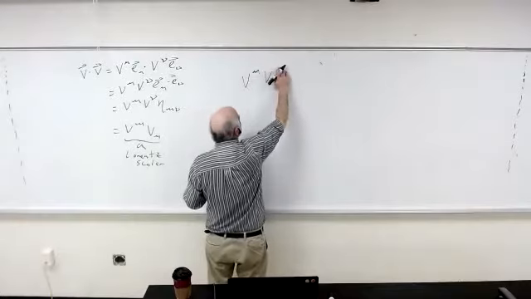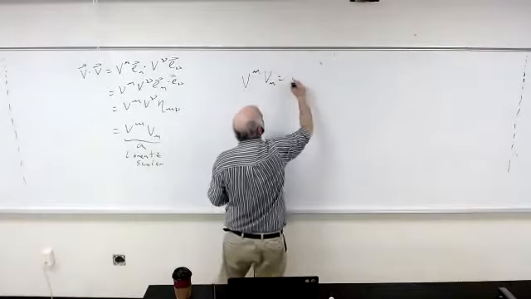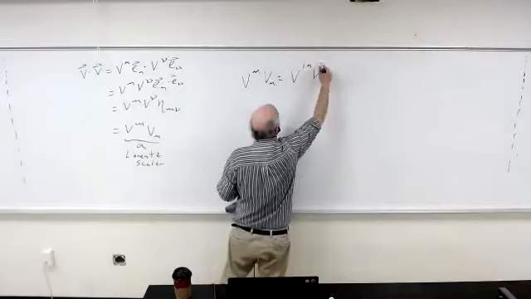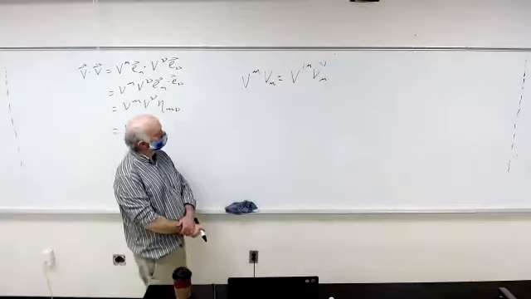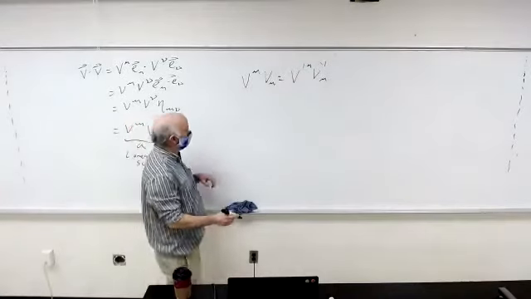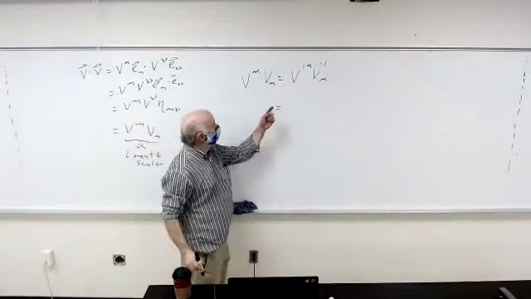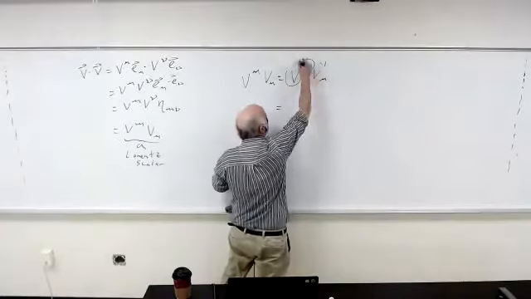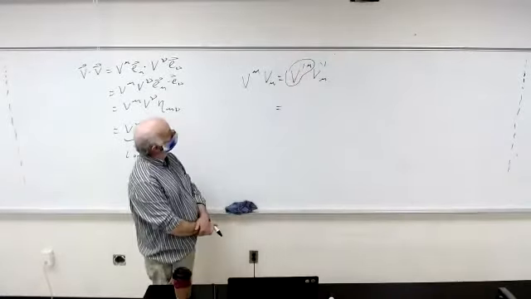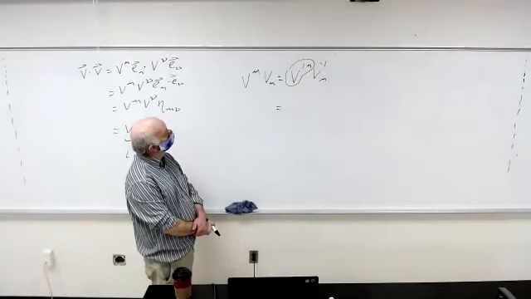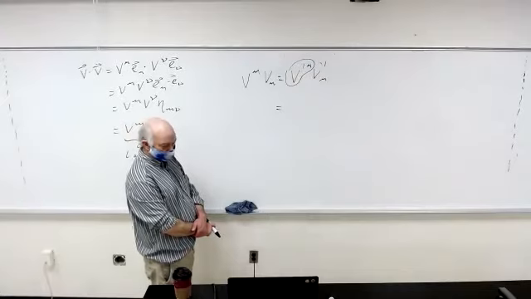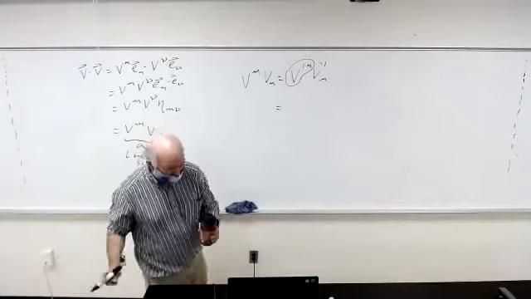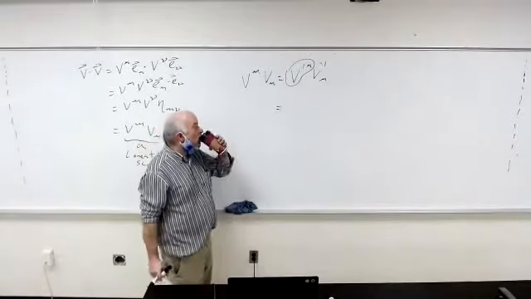V mu, ooh, not that at all, equals V prime mu, V prime mu. But what do we know? How does this guy transform? How do we say contravariant vector components transform?